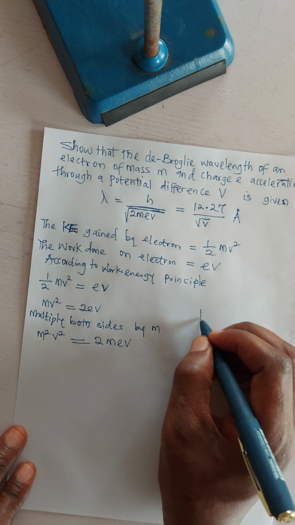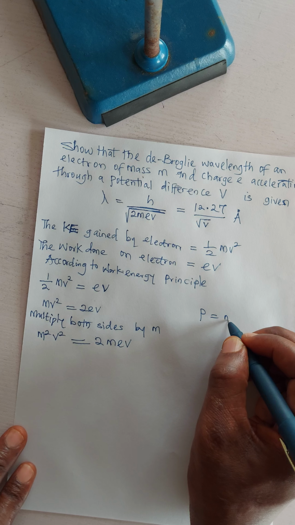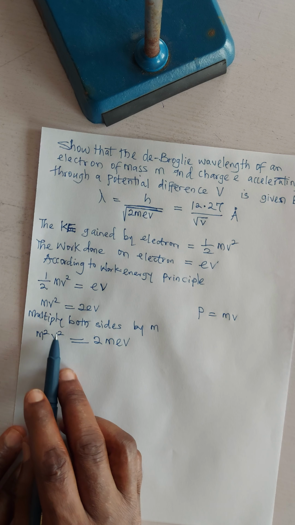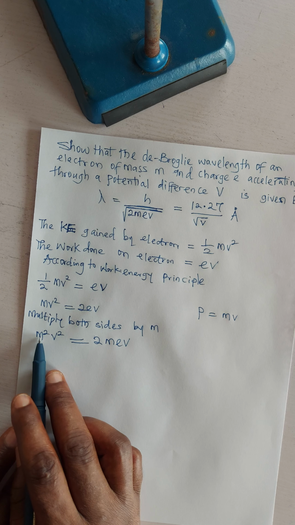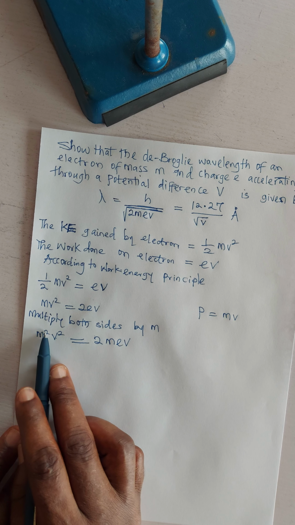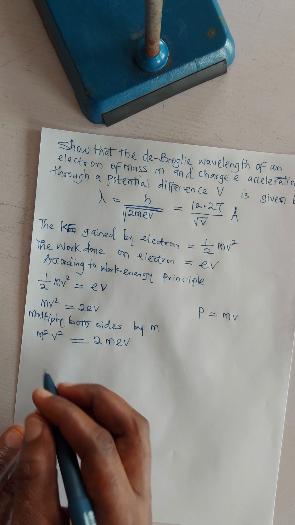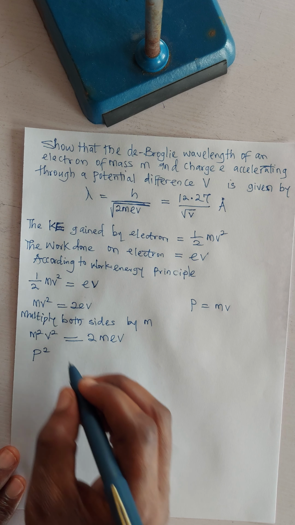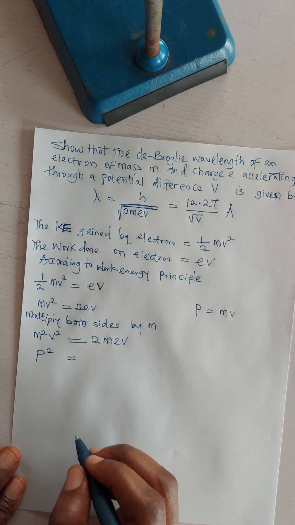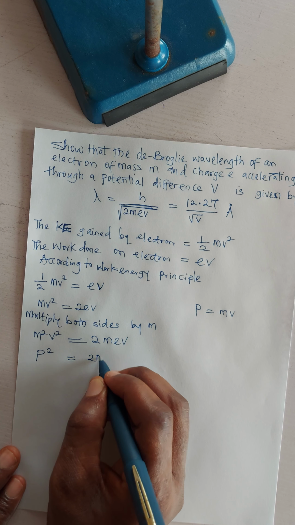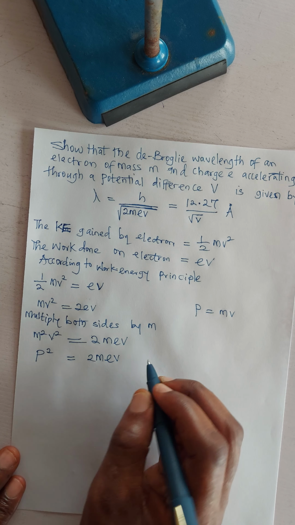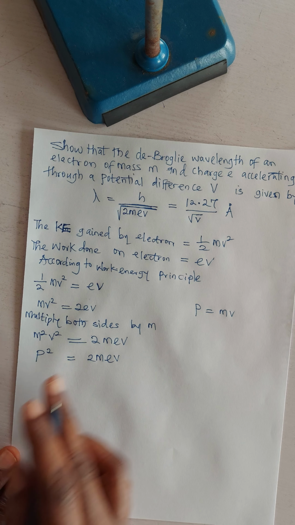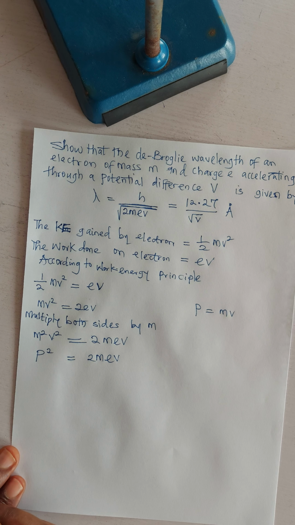Remember that momentum P is equal to mv. Okay, so I have momentum here, right? So mv is momentum. Because of the square, I'm going to have P squared, which is equal to 2meV. Okay, so P, remove this square, so it becomes a square root on the right hand side.